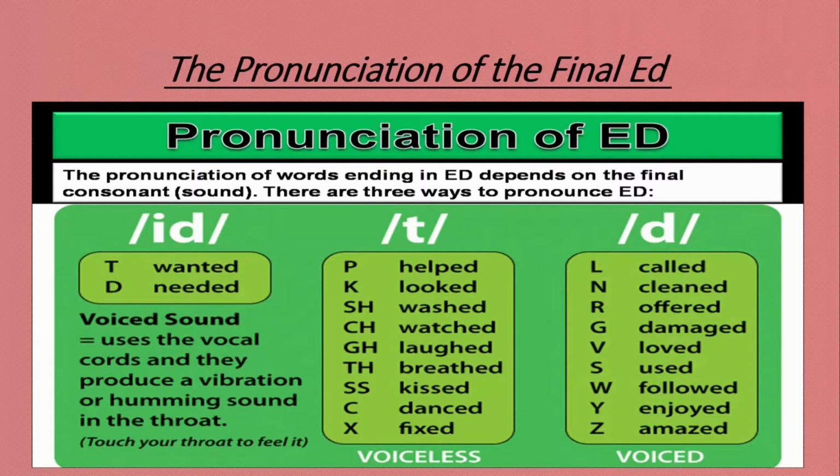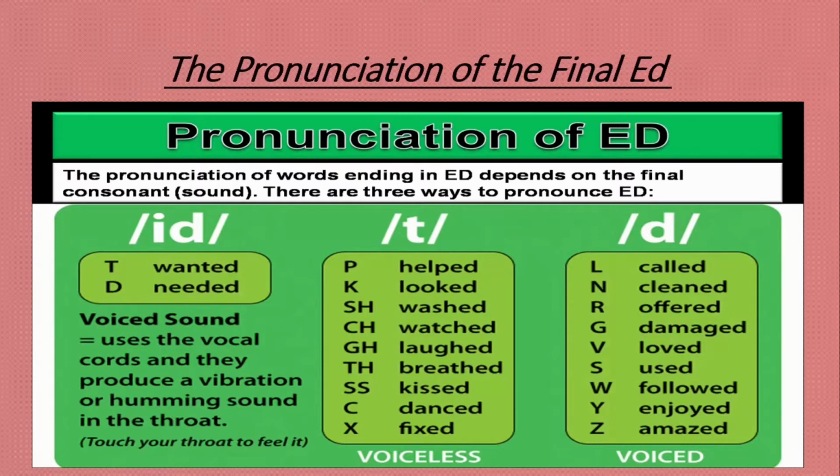Someone would say, love ends in E. No, I said before, we are talking about what we hear, not what we write. When I say love, the last sound I hear is v. So the ed here will be pronounced as d. Use: we hear the S here as z, so also ed as d.